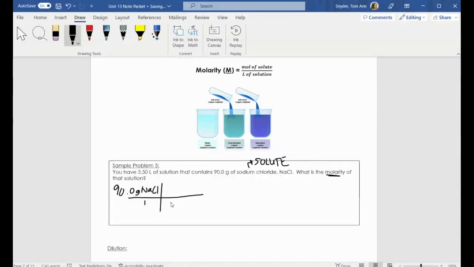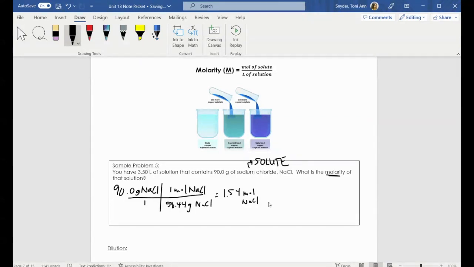Molar mass of that is 58.44 grams of NaCl is equivalent to 1 mole. And this gives me a mole value of 1.54. So that means that 90 grams of sodium chloride is equivalent to 1.54 moles of sodium chloride.